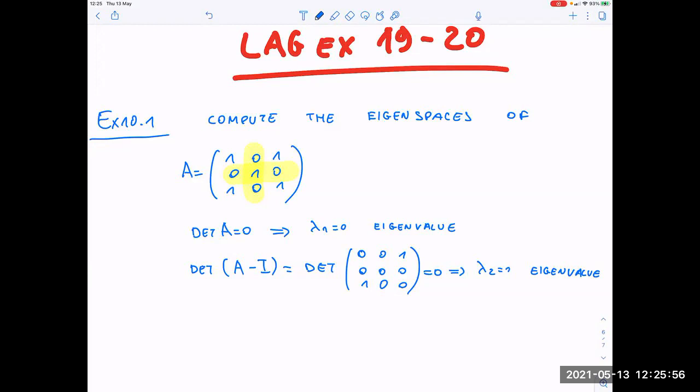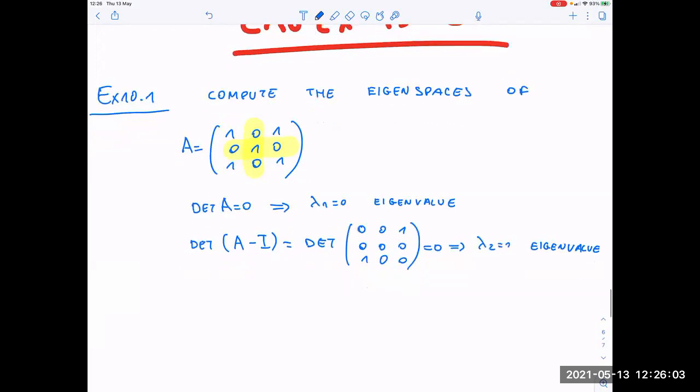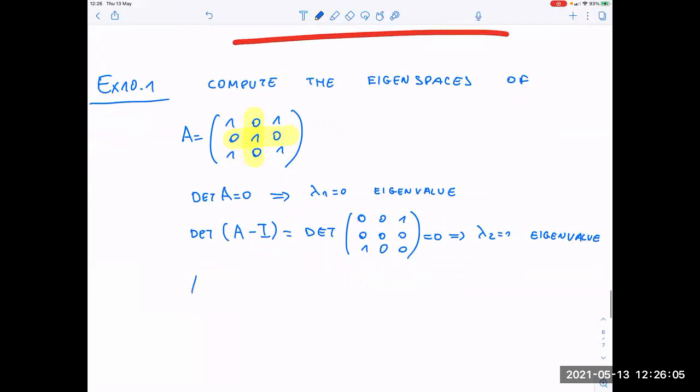Sometimes it's useful to know some of the eigenvalues because then you can apply the division theorem to make your computation easier. And probably the remark that some of you made is that if you multiply like this, you will get 2, 0, 2, which is twice 1, 0, 1. And this means that lambda 3 equals 2 is an eigenvalue also.